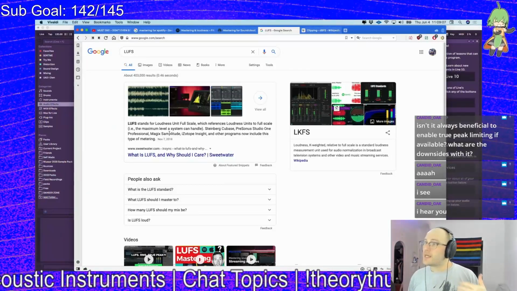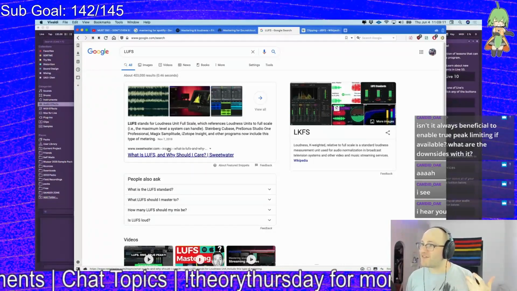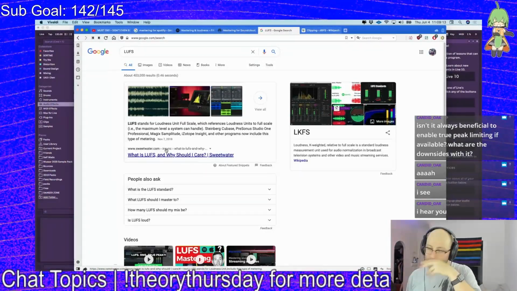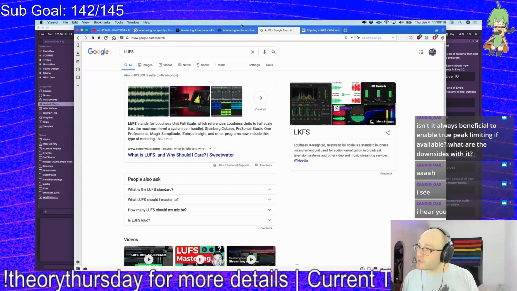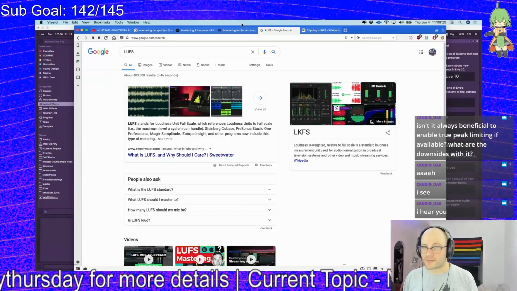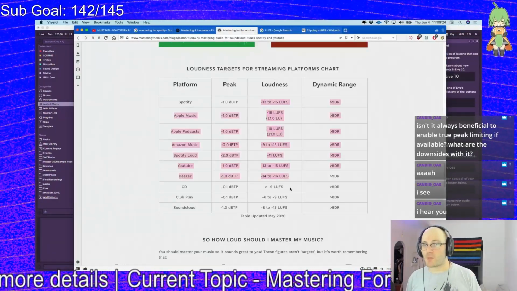So in a sense, it's much more objective than all of these other relative volume balances. So it's very similar in calculation to RMS, but it gives us slightly better answers. That's why we use it.